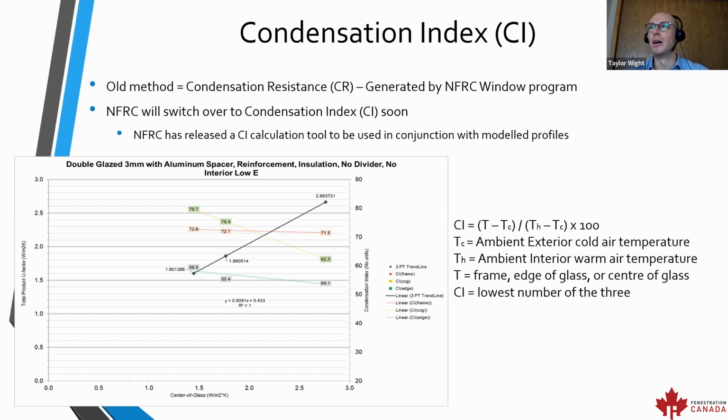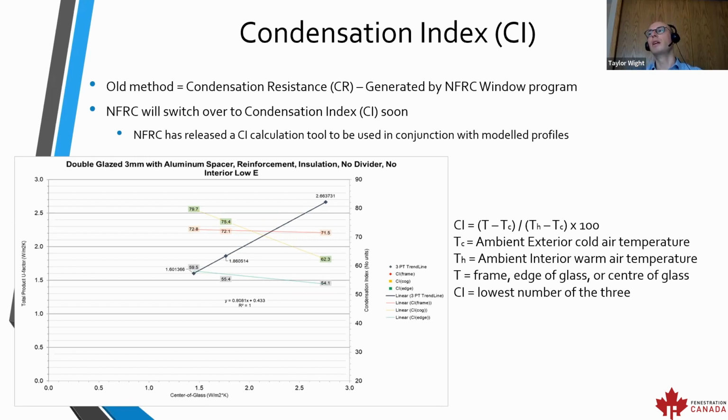So condensation, it relates to those other lines on the graph, the yellow, the red, and the greenish line there. What we're doing with the condensation index is picking up on the glass, the edge of the glass, and on the frame what the lowest temperatures are within a certain distance away from gaskets and whatnot.